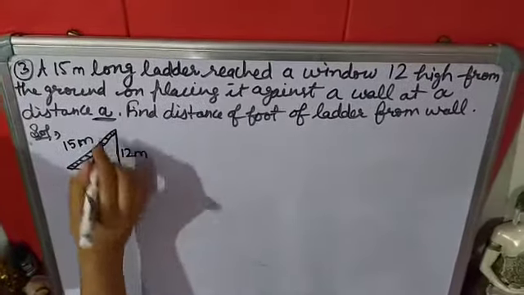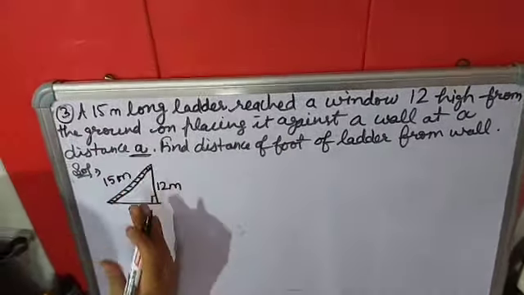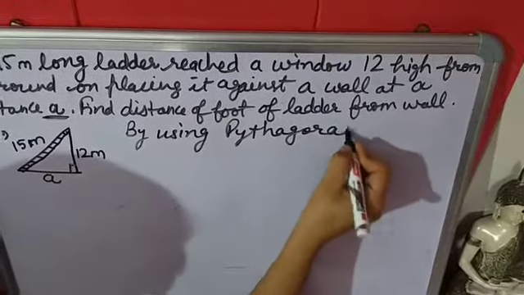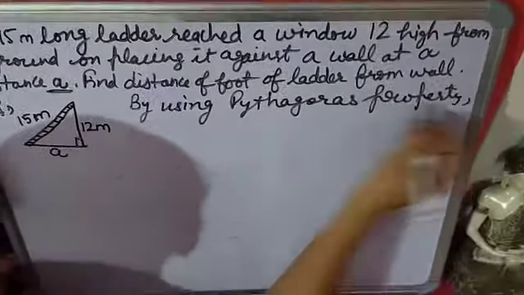This is the right angle triangle. Why? Because the wall is straight and a 90-degree angle is on this wall. Okay, so you have to find base from here. So again you will write here by using Pythagoras property in, I am giving name PQR, in triangle PQR.